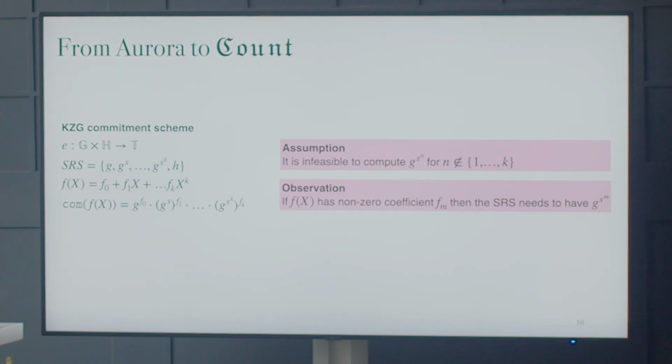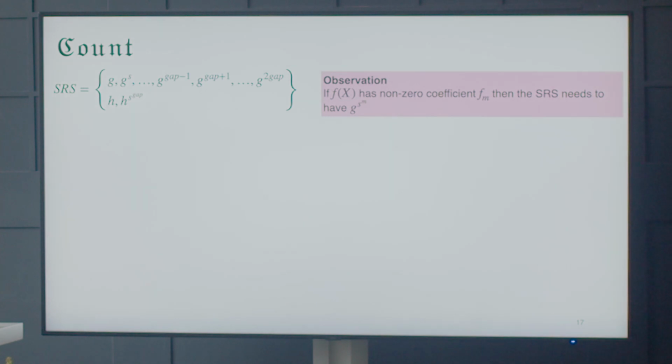Now we have a very simple observation: if we want to commit to a polynomial that has a non-zero coefficient f_m next to x^m, then the SRS needs to have g^(s^m), because otherwise this assumption would be broken. Now, into Counting.